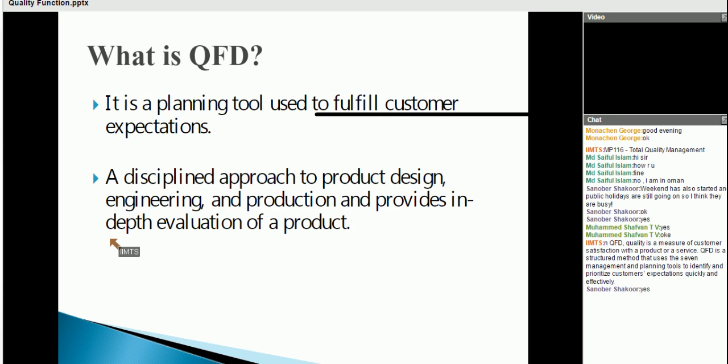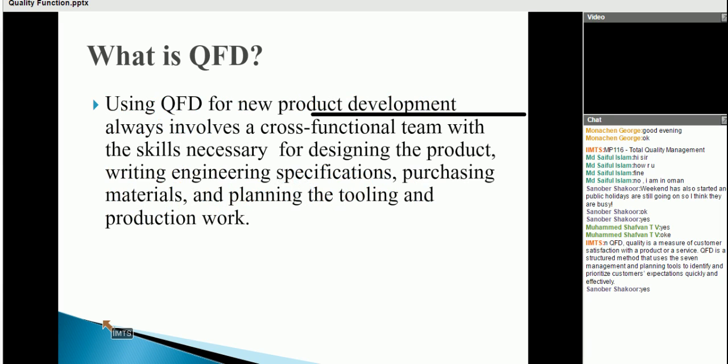Yes. It is a planning tool used to fulfill customer expectations, so we can plan with it. It is a disciplined approach to product design, engineering and production, and provides in-depth evaluation of a product. Using QFD for new product development always involves a cross-functional team with the skills necessary for designing the product, writing engineering specifications, purchasing materials, and planning the tooling and production work.